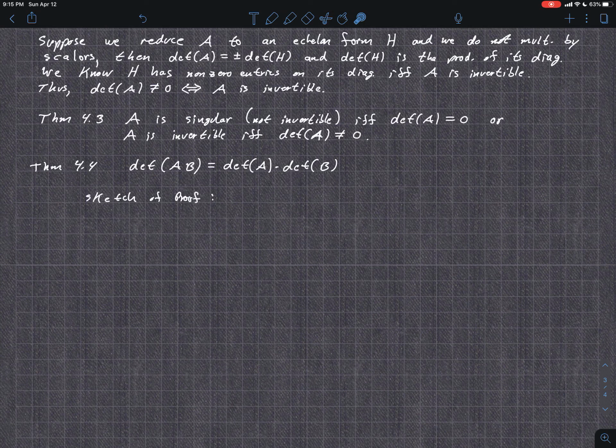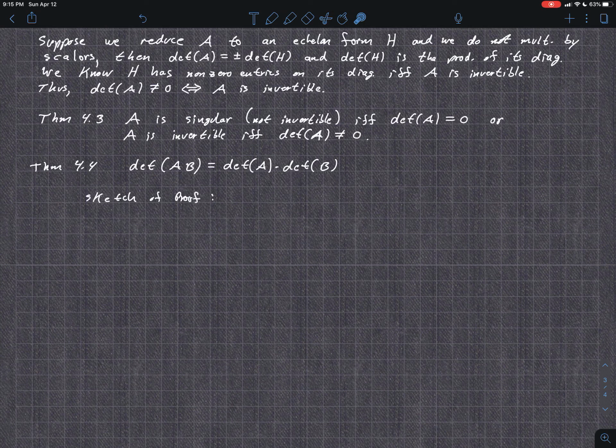The determinant of H, because it's in row echelon form, is a triangular matrix. It could just be upper triangular, it doesn't matter, and the determinant is the product of its diagonals.